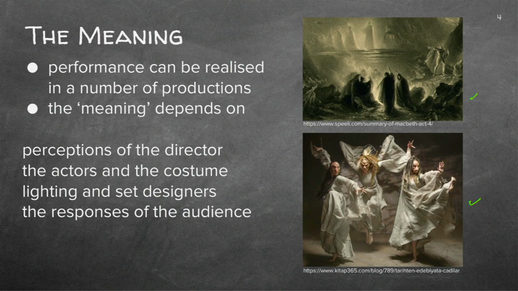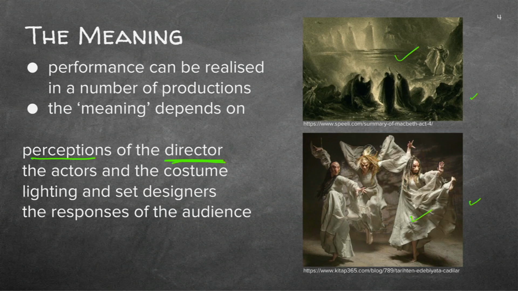So the meaning, therefore, depends on the perceptions of the director. The director is very, very important, because he is the one who has to look at the map and imagine the landscape. He has to imagine these things, think it out. How is he going to make use of lighting? Look at this, for instance, and the backdrop. What is he going to do?